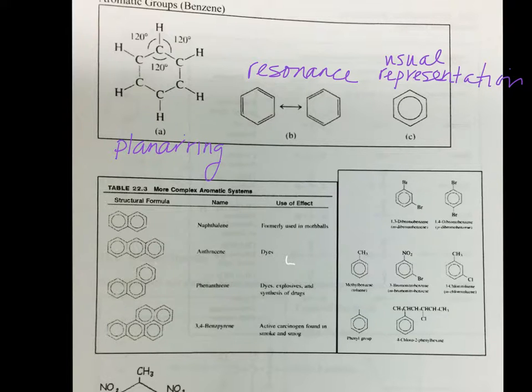This circle in the middle, right here, actually represents the delocalized pi electron system. And what it means is it actually makes it more stable than the opposing unsaturated hydrocarbon.